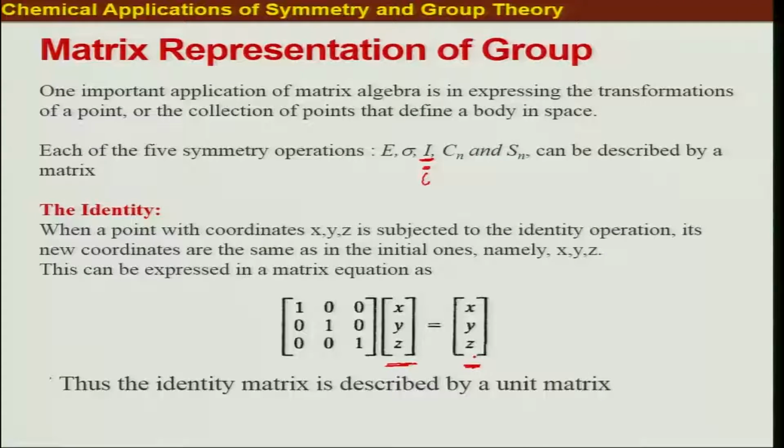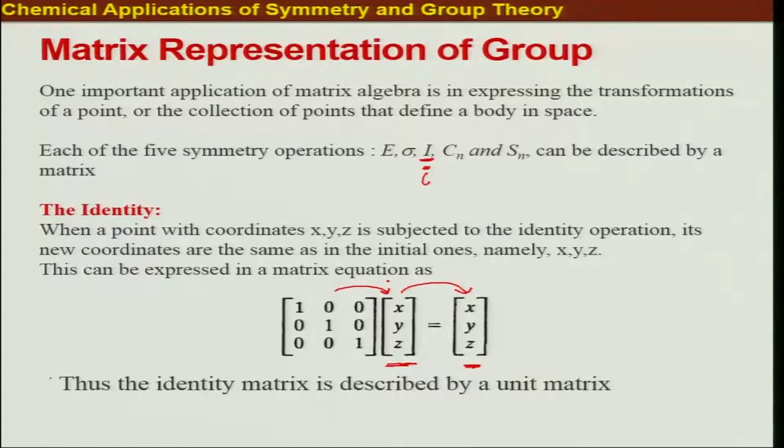Since there is no change of this point, the column vector will remain the same, with the same elements in the same order. So I need to find a matrix which will help me go from one to the other. Essentially no change has happened. So I should have a matrix capable of multiplying with this column vector, with the same property we discussed in the previous class, right?